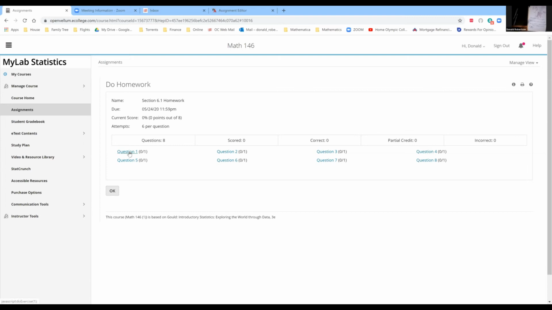Okay, so I'm going to click on question 1 and we'll just go through my version. The one up here says, determine whether each of the following variables would be best modeled as continuous or discrete. So it's a pretty quick question. It looks like they're giving us 5 choices, but they only pick one of them. So let's go through all of them. Suppose the variable was the number of points scored in a basketball game. Continuous or discrete?